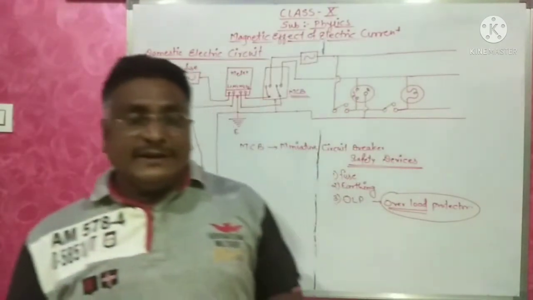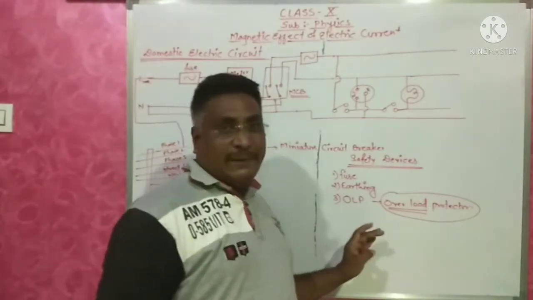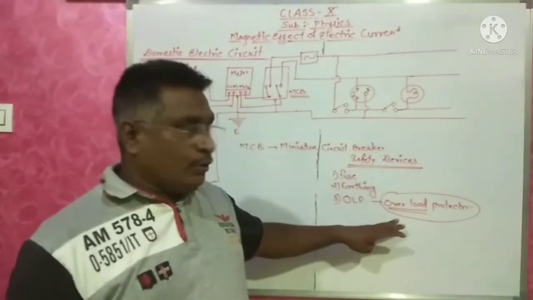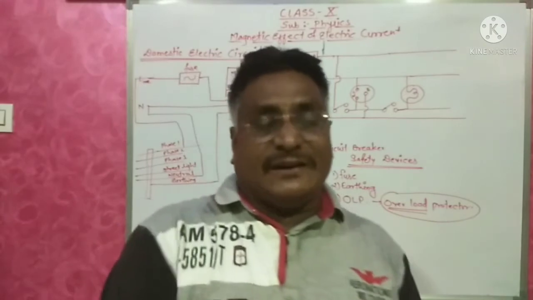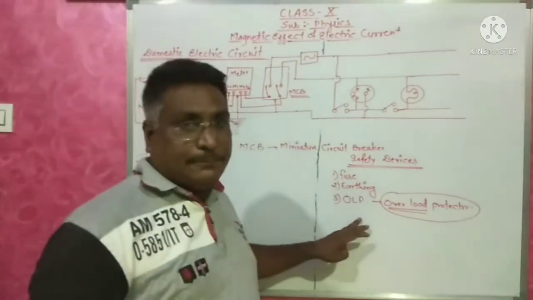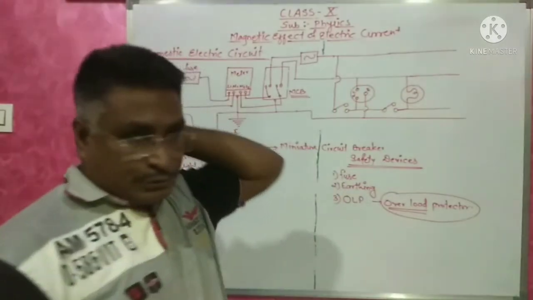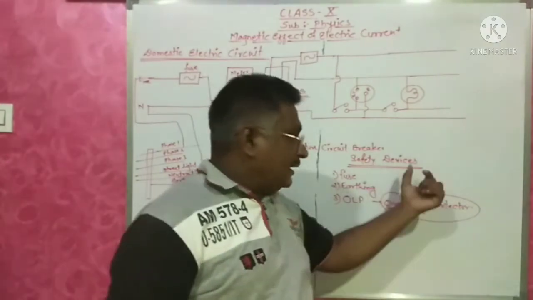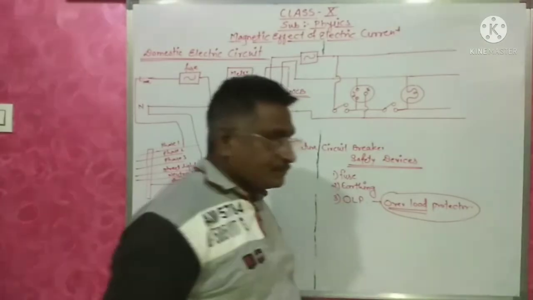So to protect the devices from burning and damage, there is the OLP, the overload protector. What is the work of the overload protector? It will break the circuit, and due to that the devices are safe. So these are the three safety devices used to protect ourselves and our electrical devices from damage.